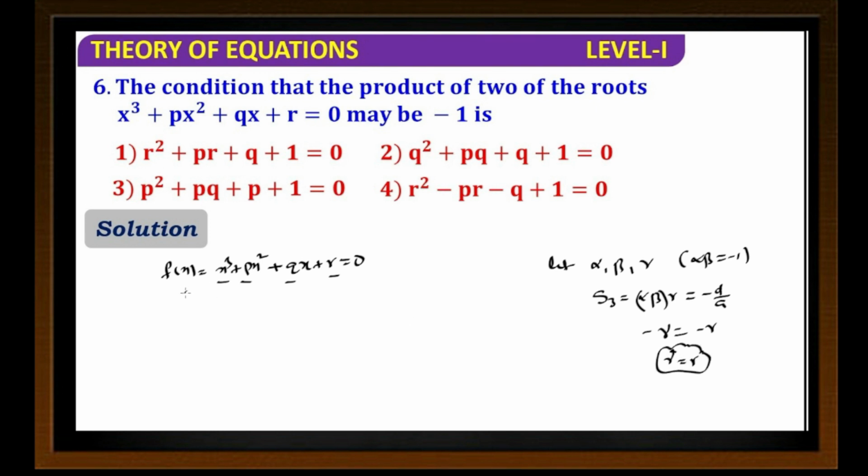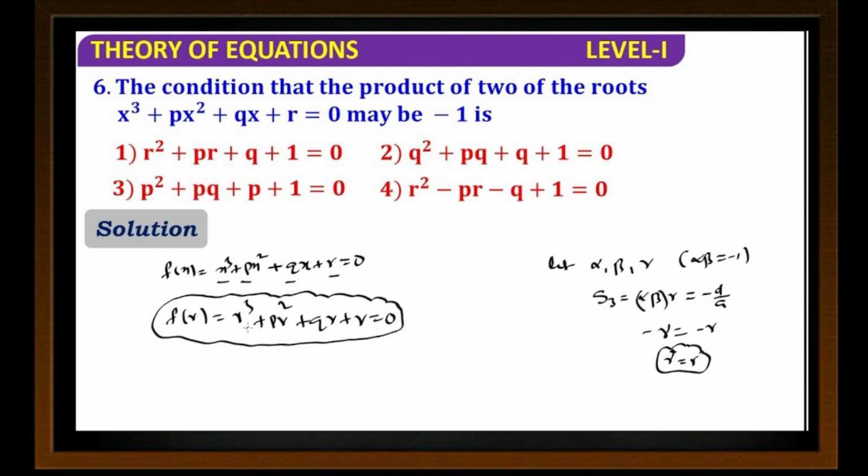Now in the place of x, if you write r, then f of r becomes r cube plus p r square plus q r plus r equals 0. This is the condition when the product of two roots equals minus 1. From this we can take r common.